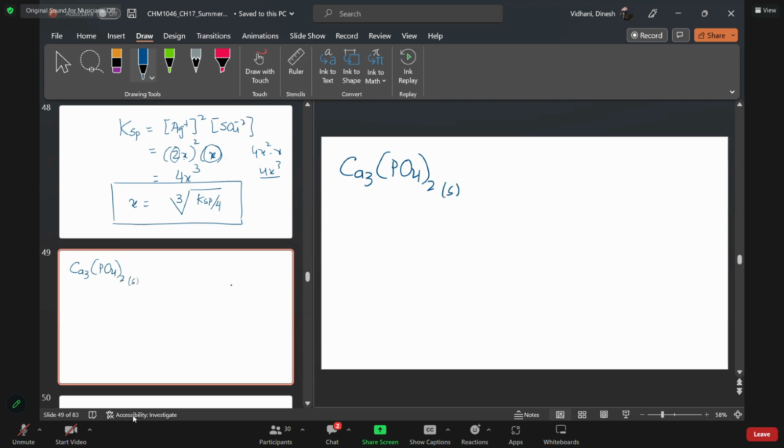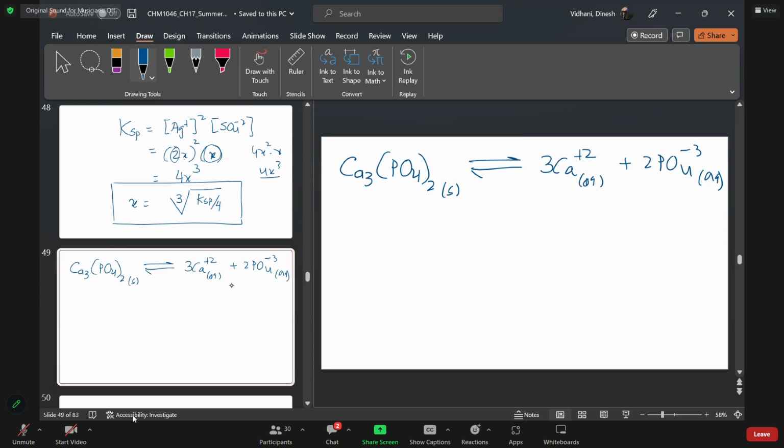Put solid here. At equilibrium, you have 3 calcium ions and 2 phosphate ions. Write down the way I did it and tell me what is X in terms of KSP. I'll give you 2 minutes to do that. It should be really fast. Build the ICE table, write down the equation for KSP, and go from there.